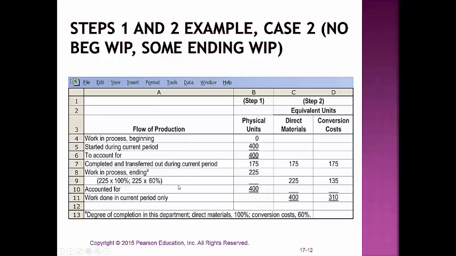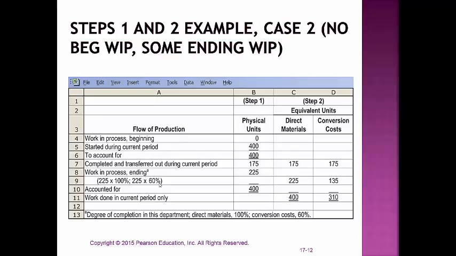Now, according to our data, these 225 units are not finished yet. They are still work in process. And someone has determined that they're only 60% converted. In other words, they need to be worked on 40% more before they are finished.